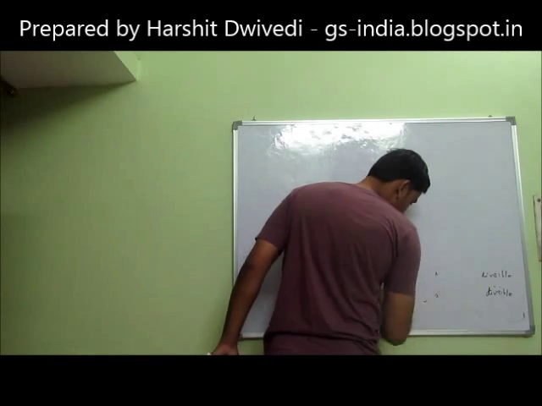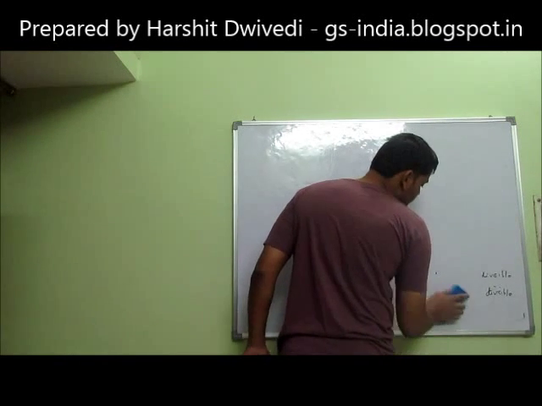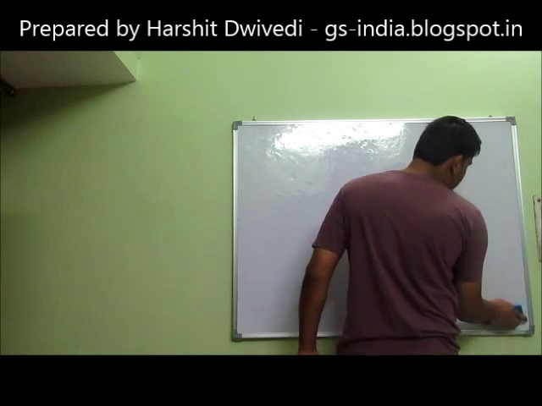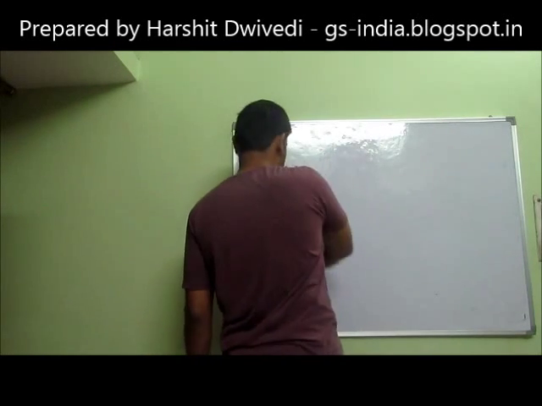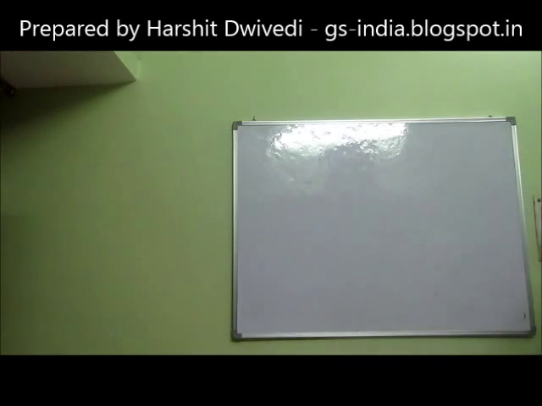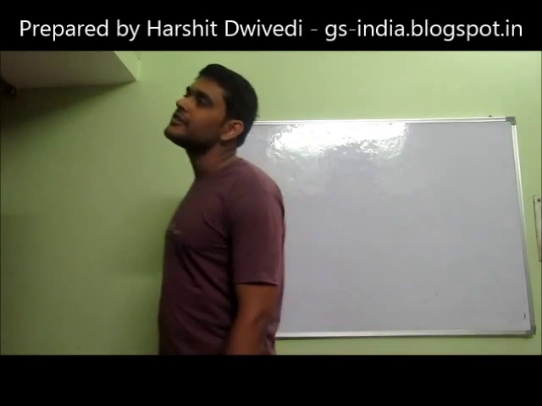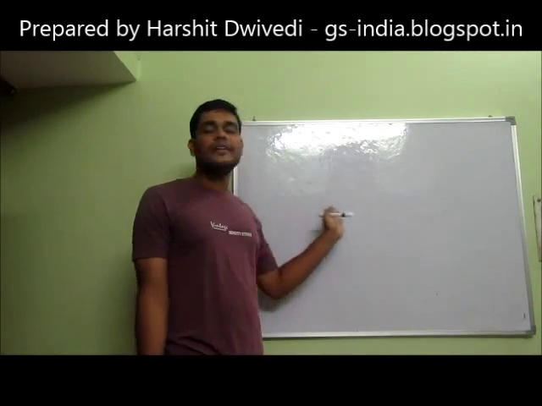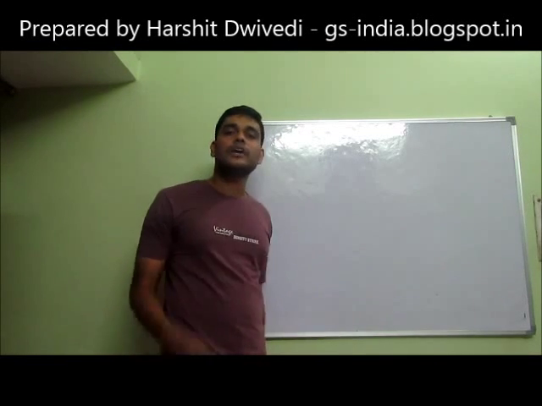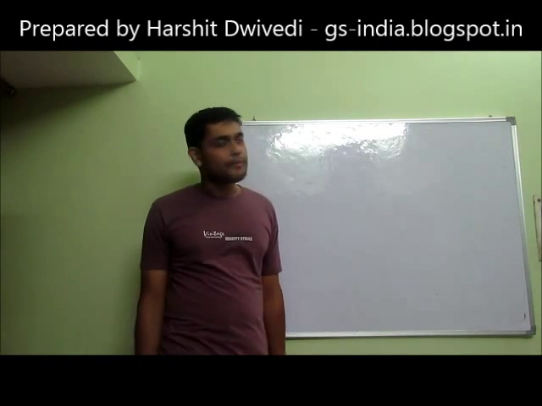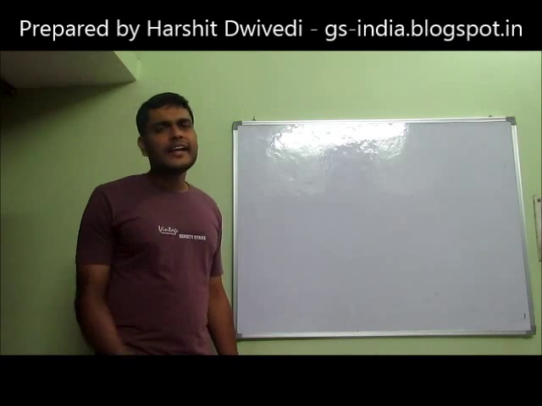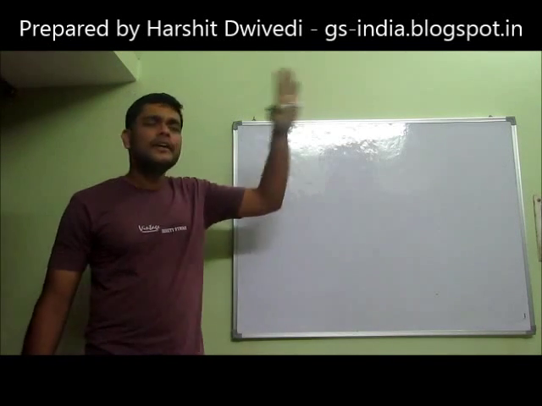Now friends, at the start of the calendar lecture I told you one simple concept: there are two categories of questions in calendars. The first category is where an assumption is taken and a day is given to me, and according to that assumption I have to calculate a different date. But in the second category, a date will be given to you randomly.